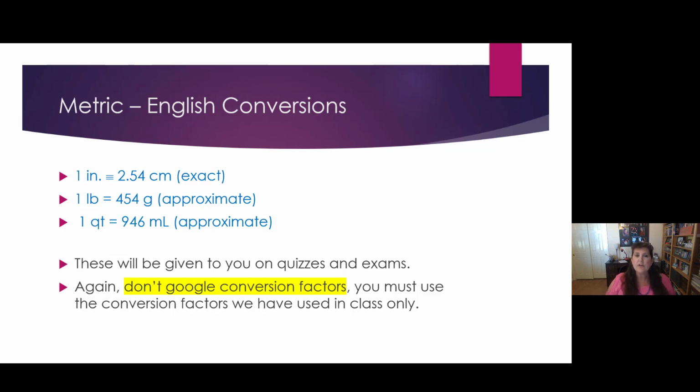Now, these you do not have to memorize. Somewhere in Canvas or on the website, you should have seen the periodic table we use in this class and something called the shapes table that we use in this class. At the top of the shapes table is all the given information you get for this class. And guess what? These 3 metric to English conversions are included in them, right here on the second line.